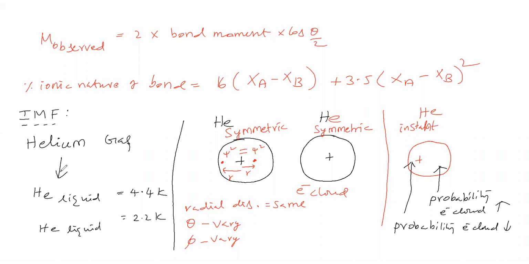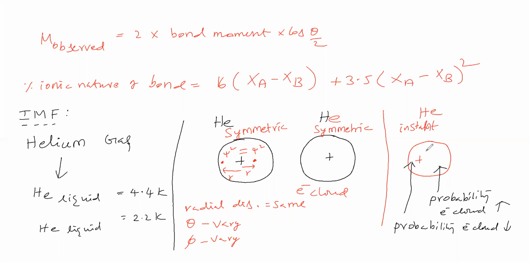Liquefaction of helium gas means we are cooling the helium gas below room temperature, taking it to 4.4 Kelvin. You have seen how much disturbance we are giving externally. Then why can't this symmetric electron cloud get distorted?